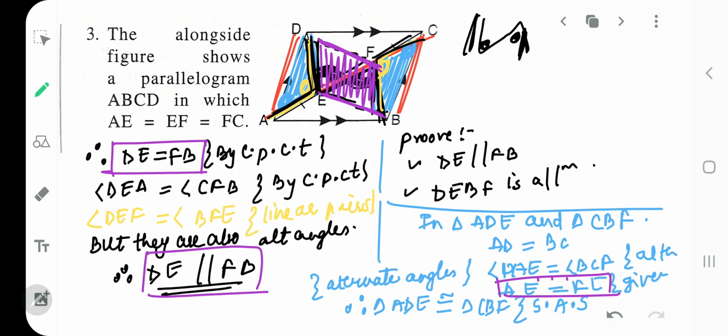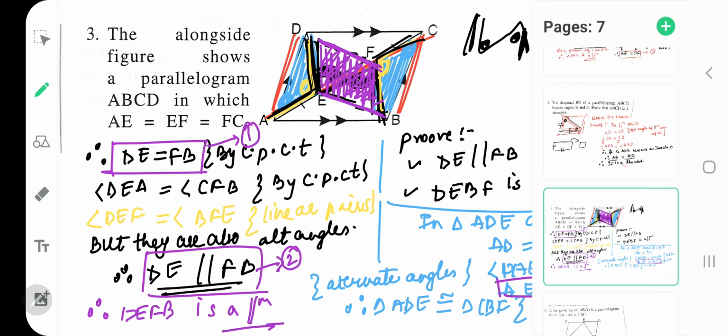So you got both the conditions. So hence we can say that DEFB is a parallelogram. So here you can mark equation number 1, here you can mark equation number 2 and write therefore DEFB is a parallelogram. Got my point clear?